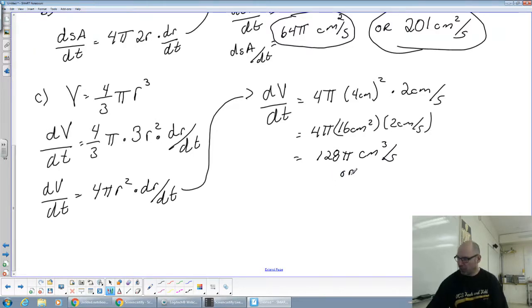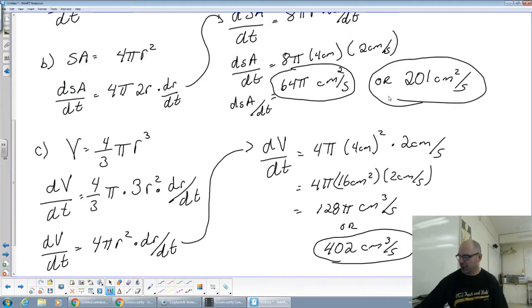Or if you want to take it down to the decimal, well, it's twice what we had before, so 402 centimeters cubed per second. So this is how fast you're inflating the balloon at that particular time.